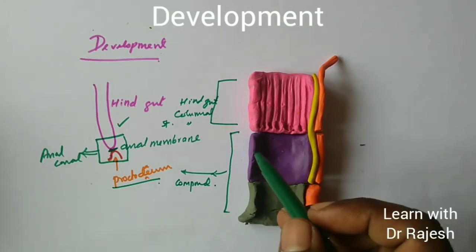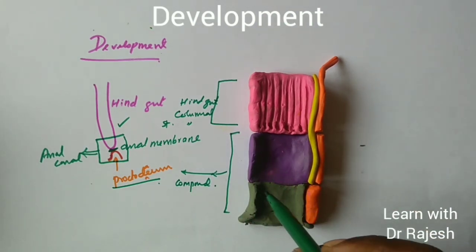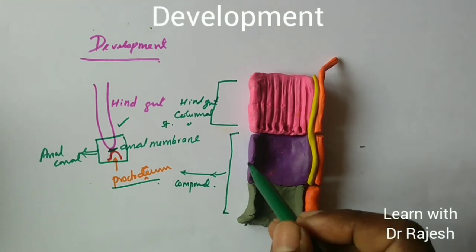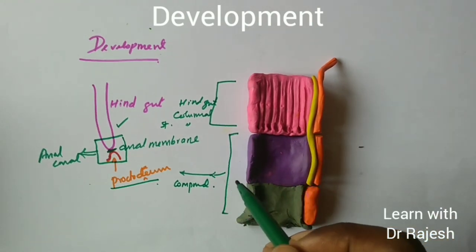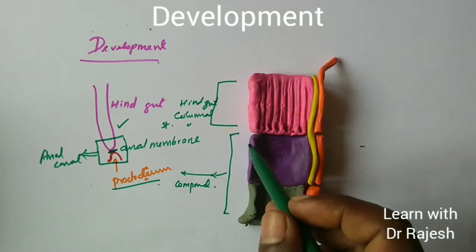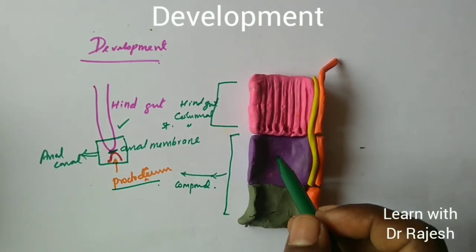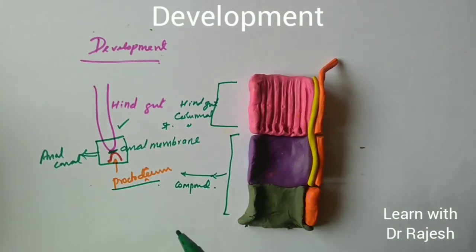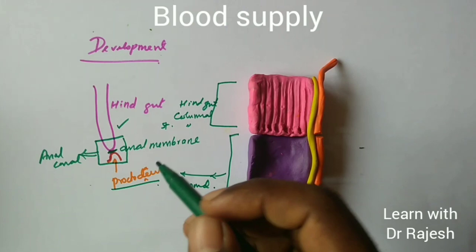The middle part is lined by stratified squamous non-keratinized epithelium, and the lower part is lined by stratified squamous keratinized epithelium. And similarly, the blood supply also.